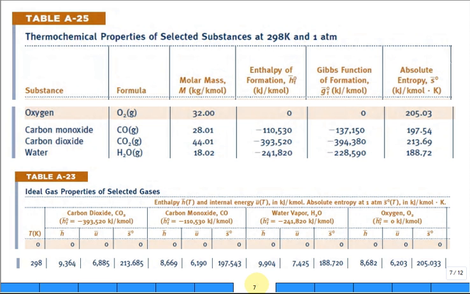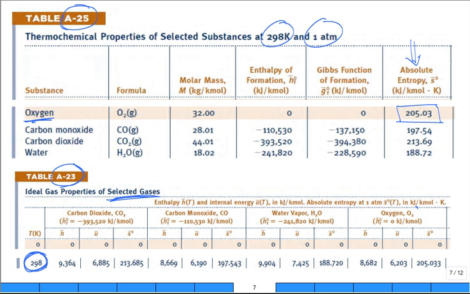Notice how this table, A25, and this table, A23, are consistent. It's very important. So if we take a look at this absolute entropy, that was 298, 1 atm. Let's take a look at the value for oxygen. You go to the selected gas table, 298.